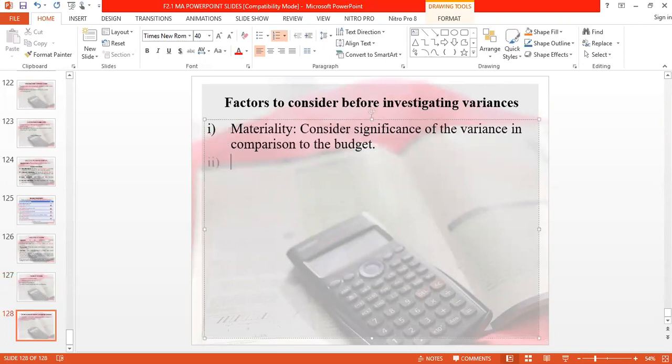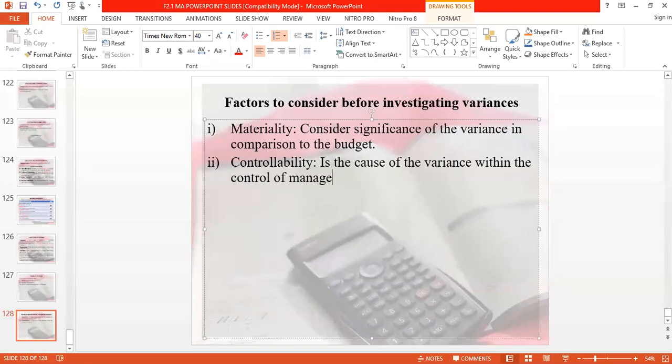The second factor to consider is controllability. In other words, is the cause of the variance within the control of management?